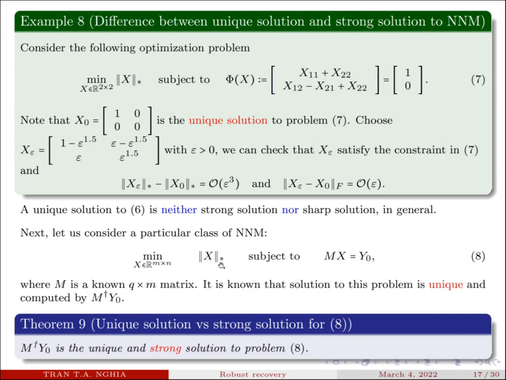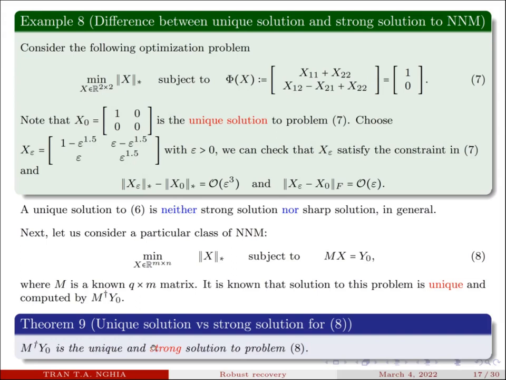The nuclear norm is not differentiable at all, but its unique solution is quite similar to what we know from the least squares optimization problem. Okay, and recently we proved the following one. This one is not in our paper, it is in the common paper. But anyway, it really means that this solution right here is not only unique, but also strong. Okay. It is strong. It's not sharp.